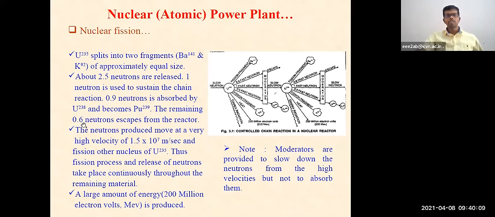The remaining 0.6 neutron escapes from the reactor.